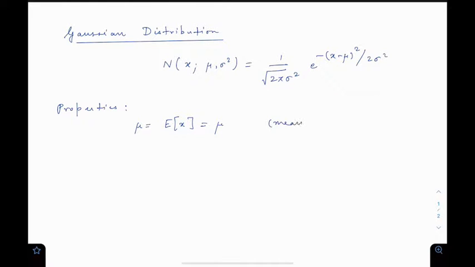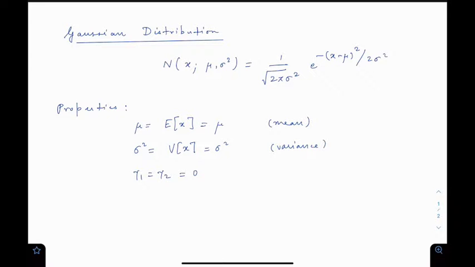Similarly, the variance is nothing but sigma square, which appears as a parameter in the distribution. The skewness as well as kurtosis are both 0. And as we have remarked earlier, this is a symmetric distribution about the mean.